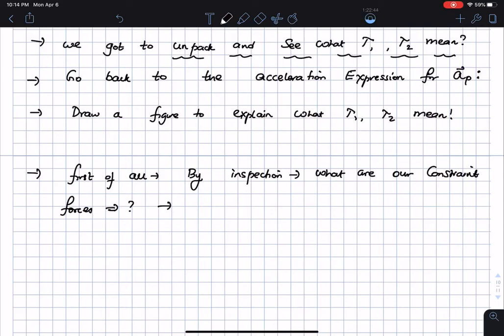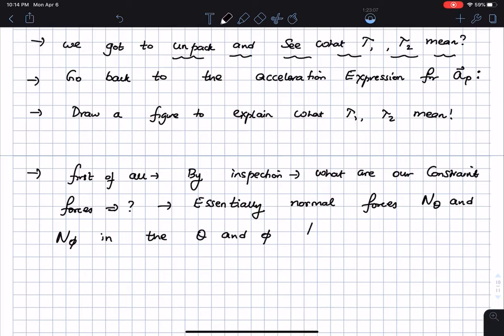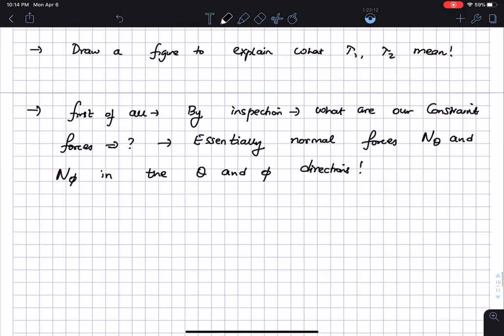So this means essentially I'm going to have normal forces in the theta and the phi direction. These are essentially normal forces N theta and N phi in the theta and phi directions. This is what we actually want to find out.